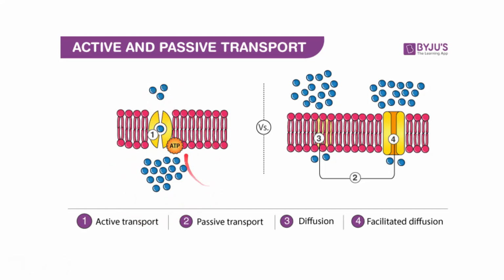So now you spend energy to pull them in. And that spending of energy to pull something in is known as active transport. You always need a pump for it, imagine a suction pump. You always need a suction pump for it. That is the protein.